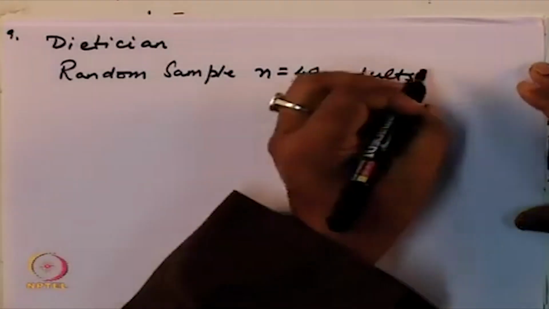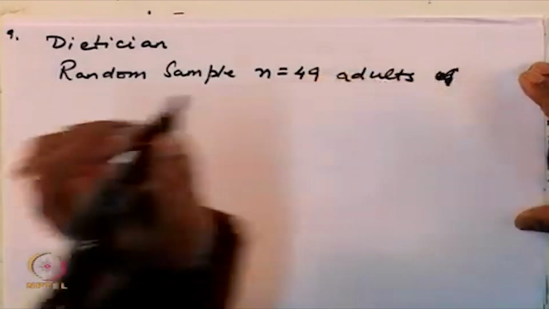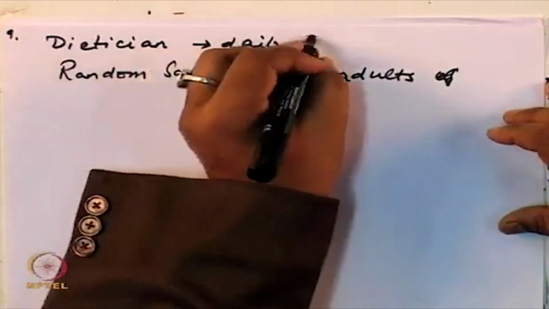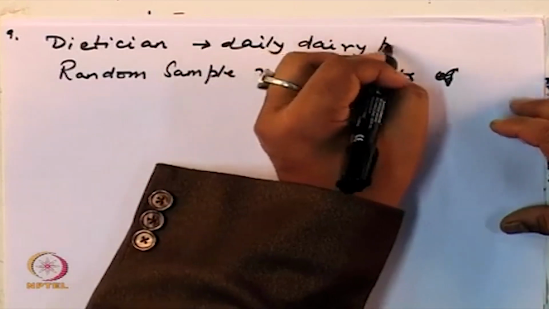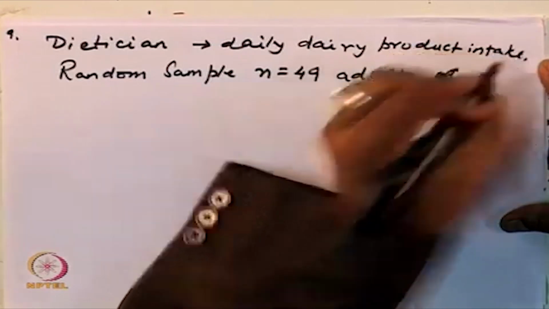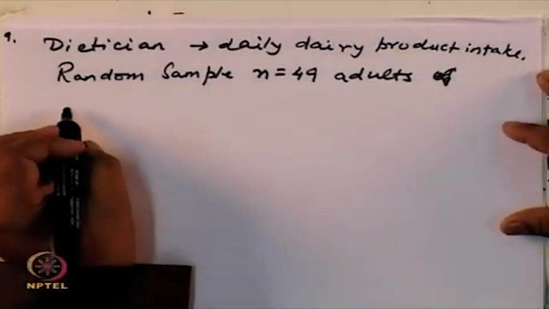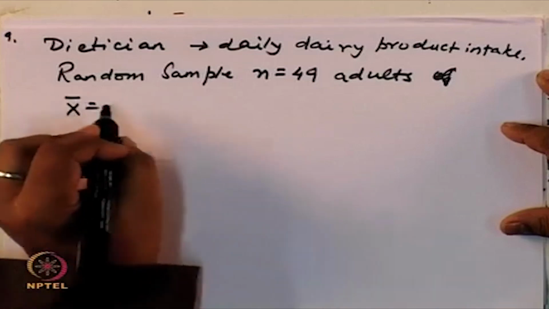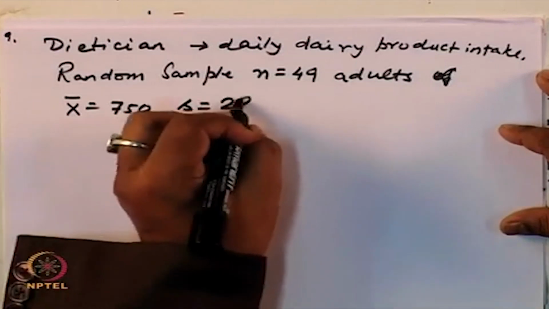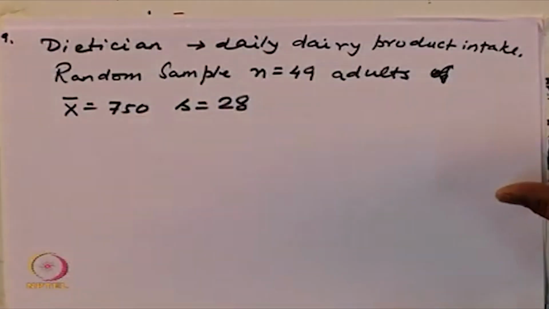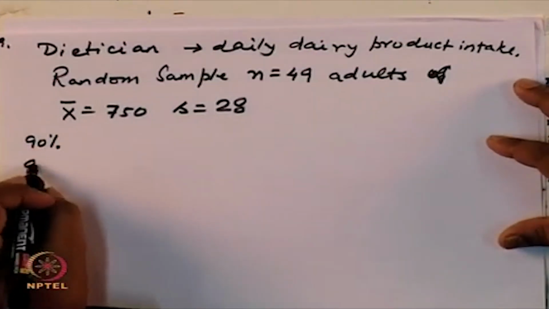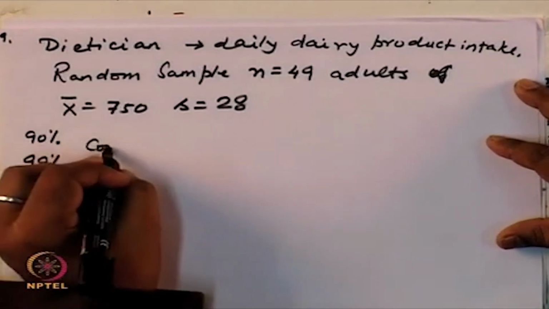What the dietitian is probing is the daily dairy product intake. Okay. And what it finds is, on an average, x bar is equal to 750 with a standard deviation s equal to 28. Okay. So, we want to calculate the 90% and the 99% confidence intervals.